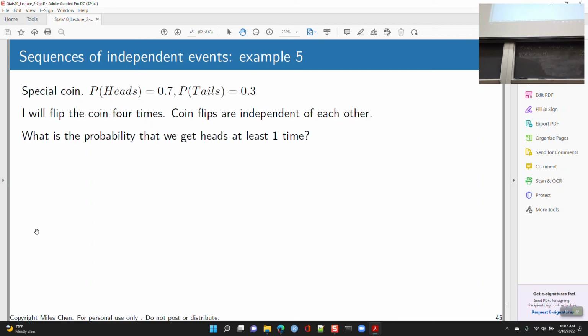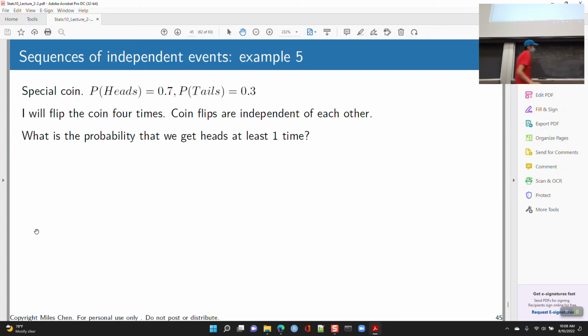All of these, 1 head, 2 heads, 3 heads, 4 heads, would count as at least 1 each. All right. This one is the complement. So the probability of getting at least 1 head is 1 minus the probability of getting 0 heads.